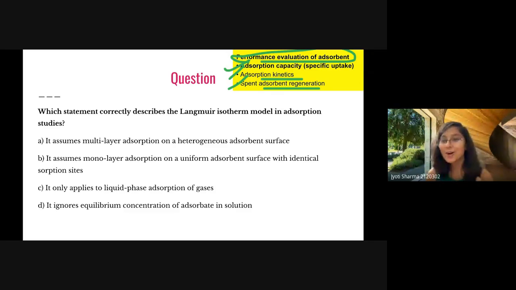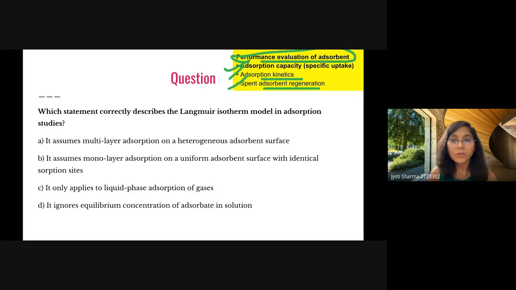And Venkateshwara already has given me the answer before. Okay, Diya has also given me the answer. So let me tell you the question first. Which statement correctly describes the Langmuir isotherm model in adsorption studies?